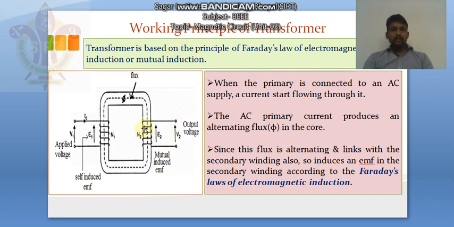So due to mutual induction, a flux, let's suppose it is phi 2, is linked with this coil, which is called the secondary coil, which has a number of turns N2. So flux induced in this secondary coil is, suppose, phi 2, and it is linked in this coil due to mutual induction.